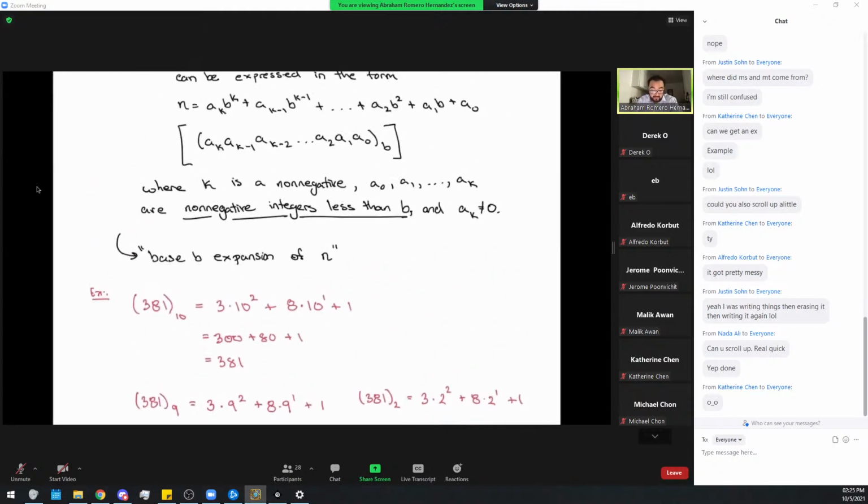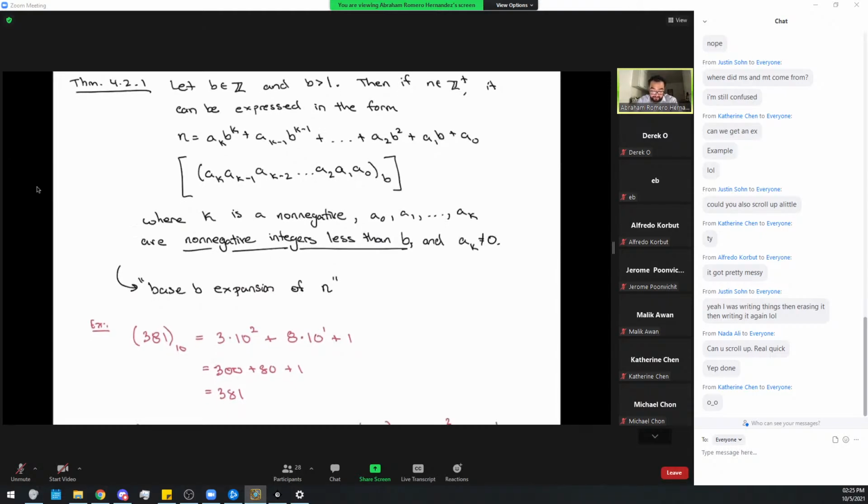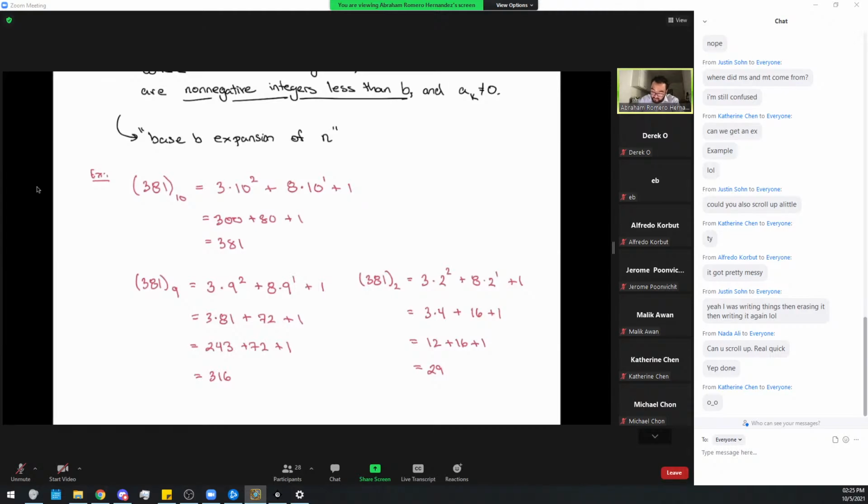So that's what this theorem is saying. And again, oh wait, you know what? This one I messed up. This shouldn't be in 2. There should be non-negative integers less than b. Oops. So in other words, I couldn't have done this at all.